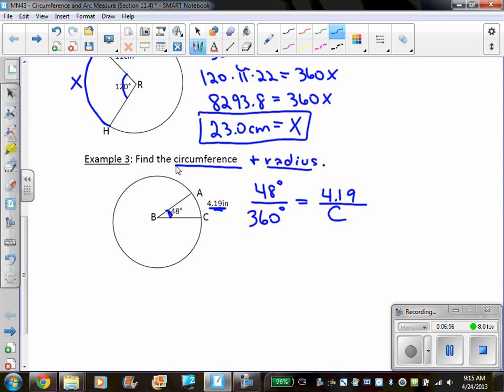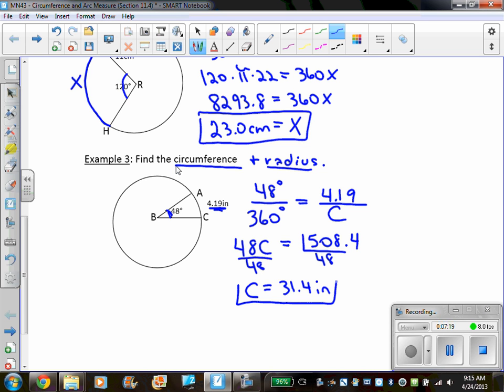You cross multiply, so you have 48C equals 360 times 4.19. It's going to be 1,508.4. You divide out by 48 to solve for C, and you end up with a circumference of 31.4 inches.